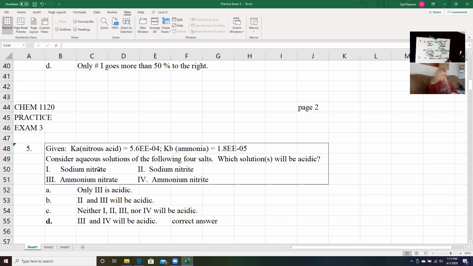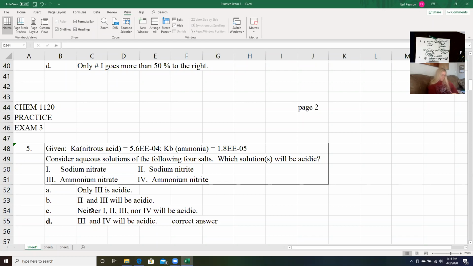This is a strong base, and this is a strong acid. So this salt is neutral, so it's not acidic. If I see an answer that has it in it, I can eliminate it. Only C is the one I can eliminate.